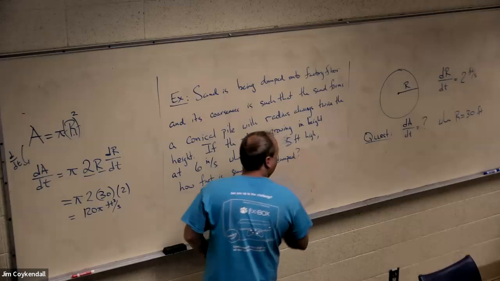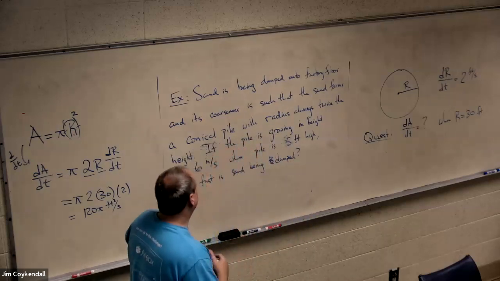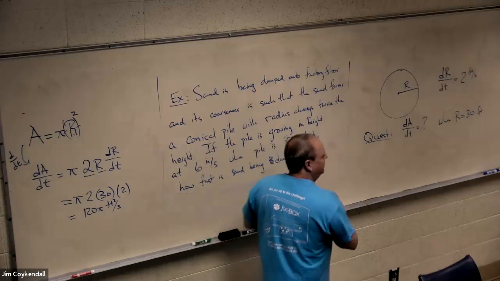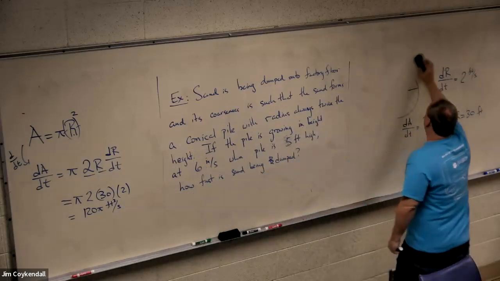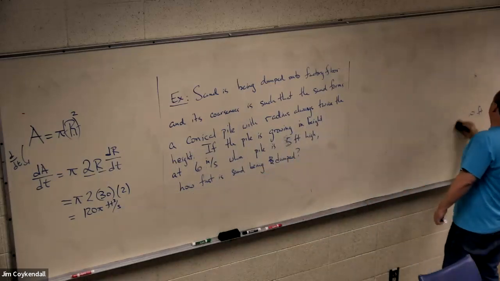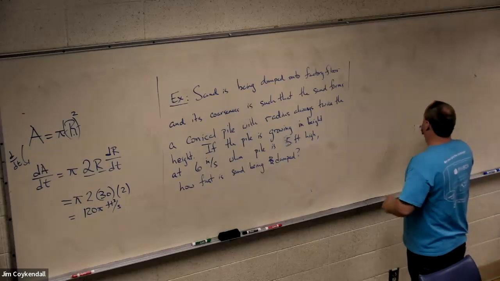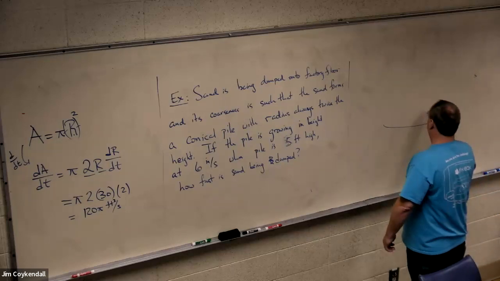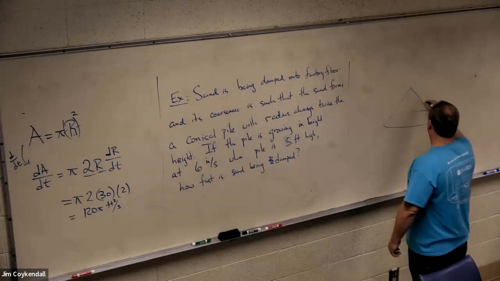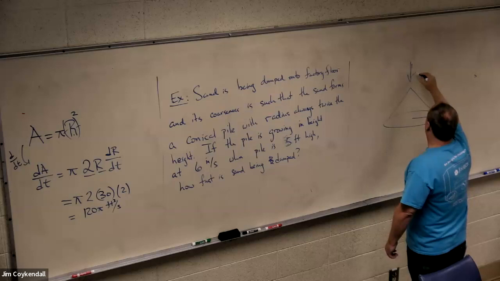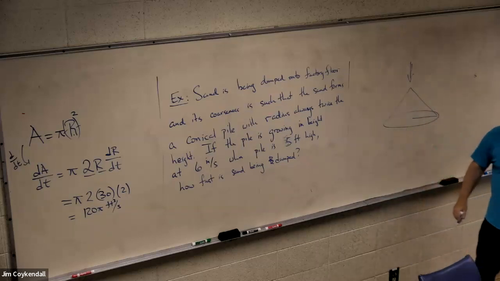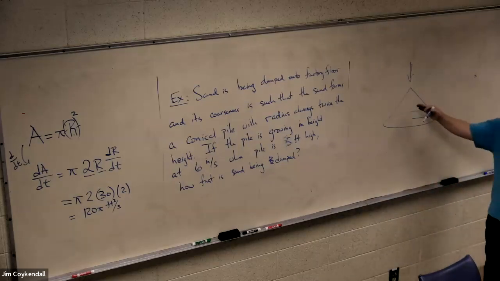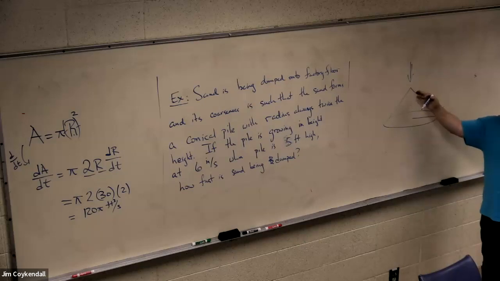This is kind of a fascinating problem. Let me draw a preliminary picture, then I'm going to draw a better one. I want to illustrate what's happening. You've got this pile of sand here being dumped on, and you can just observe that when it's 5 feet tall, it's growing at 6 inches per second.